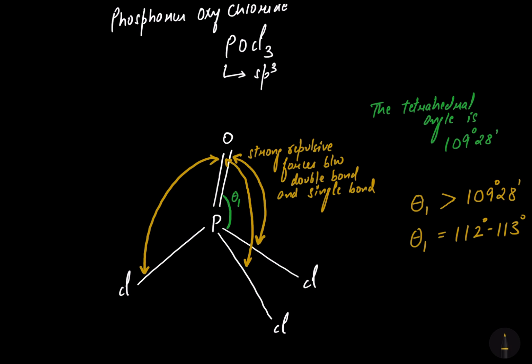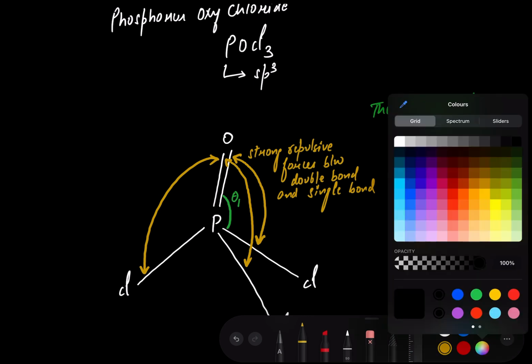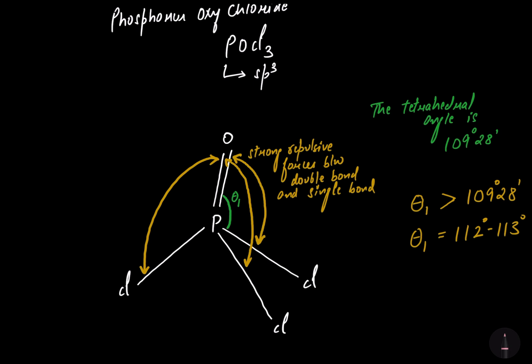Now, as in this case there are strong repulsive forces between the double bond and the single bond, we are having lesser repulsive forces between the single bond and the single bond, as the magnitude of repulsive forces between the double bond and single bond is greater.